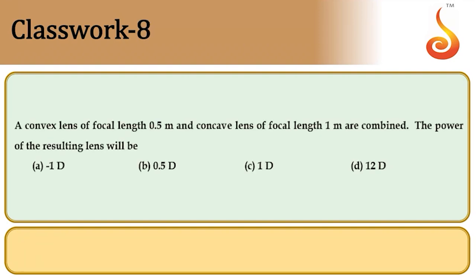Example 8. A convex lens of focal length 0.5 meter and concave lens of focal length 1 meter are combined. The power of the resulting lens will be? So again, 1 by F is equal to 1 by F1 plus 1 by F2.